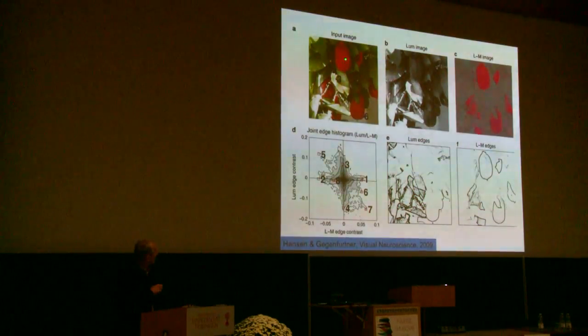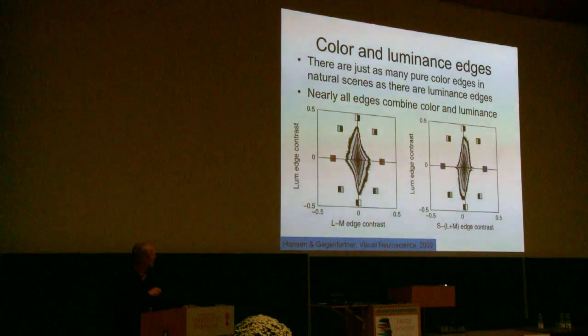And so these kinds of edges that are purely caused by luminance and where the color remains the same are basically mainly due to the physics of shadows and lighting changes. And they might not be as useful in extracting object information. But this histogram here is actually quite typical for the whole collection of objects.